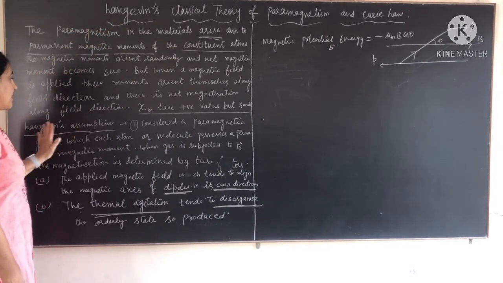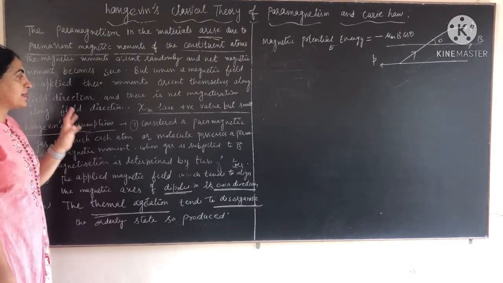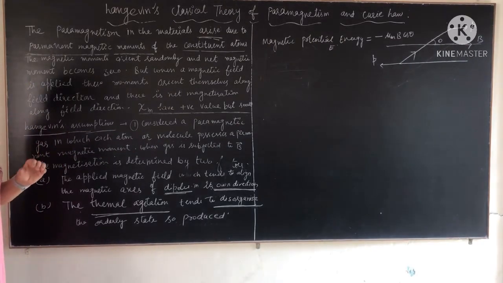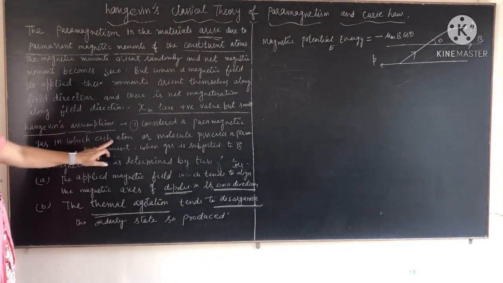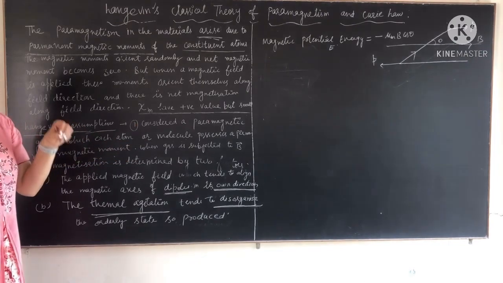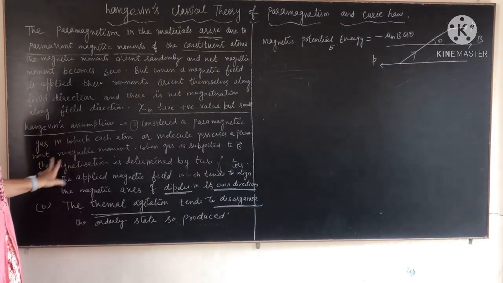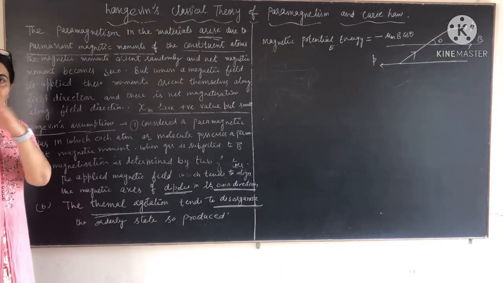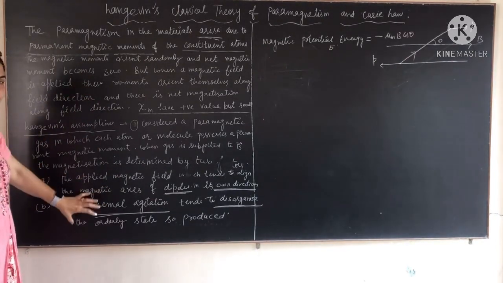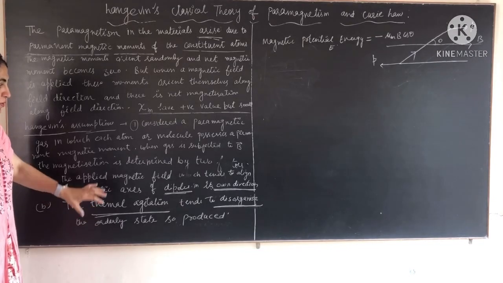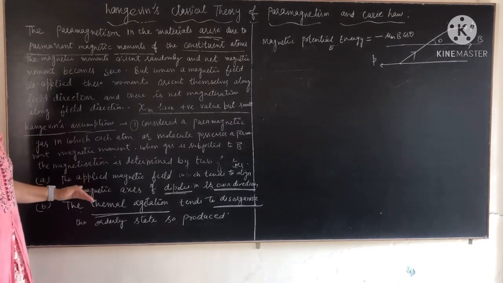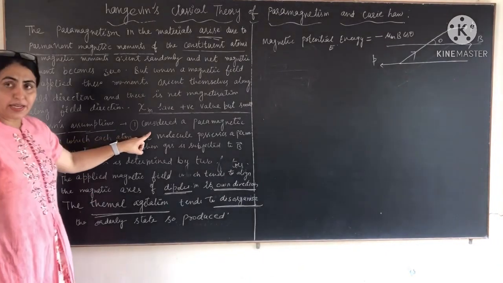So this is what Langevin said. He considered a paramagnetic gas in which each atom or molecule possesses a permanent magnetic moment. I have written notes on this topic for all of you, I can provide them.